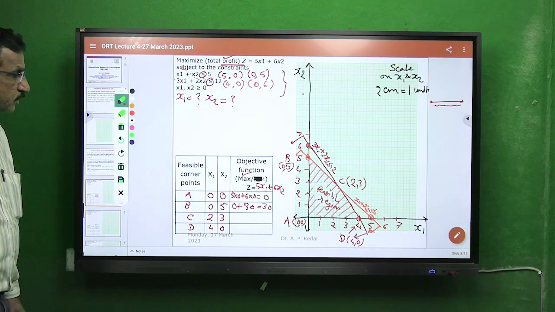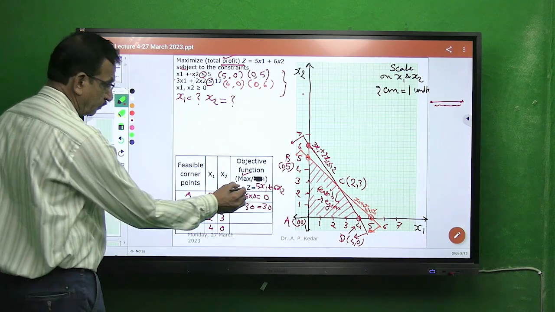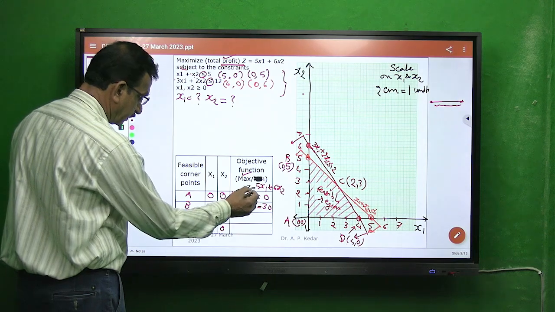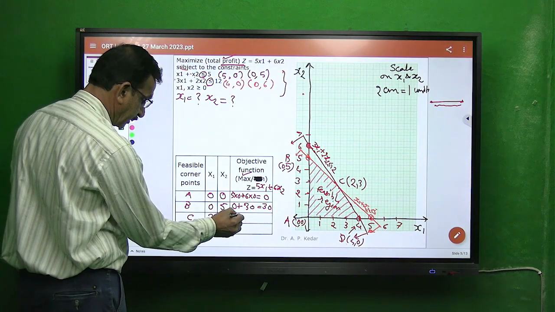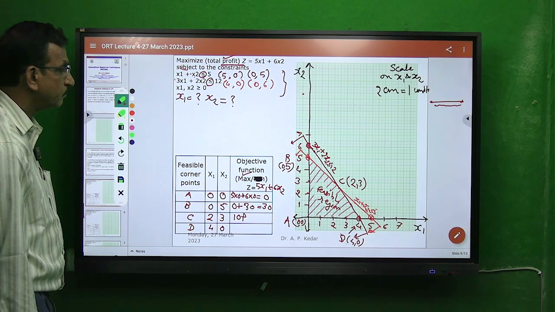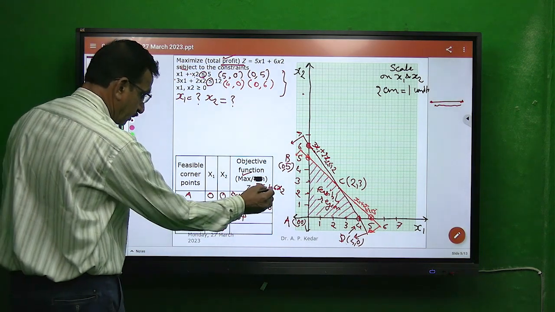For the third case, what will I get? 5x1 is 10 plus 15.